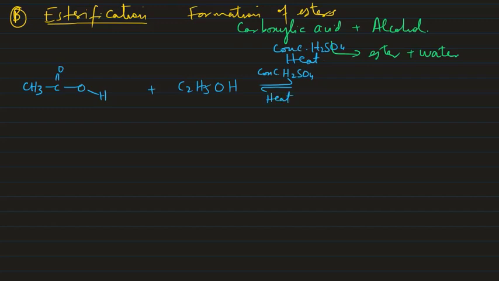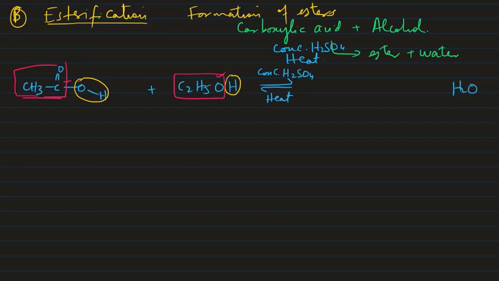What happens is that OH is removed from carboxylic acid and H is removed from the alcohol. That makes water. So along with water, what will we get? The two portions that we have just got, CH3C double bond O, this one will attach with this part, and the free end will bind with this end of the alcohol.